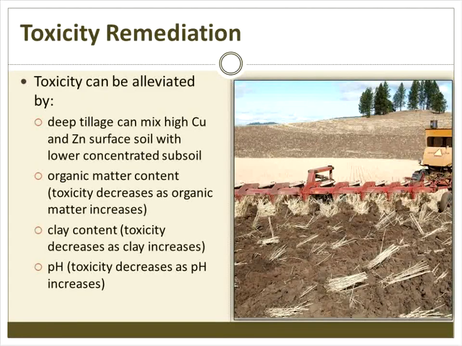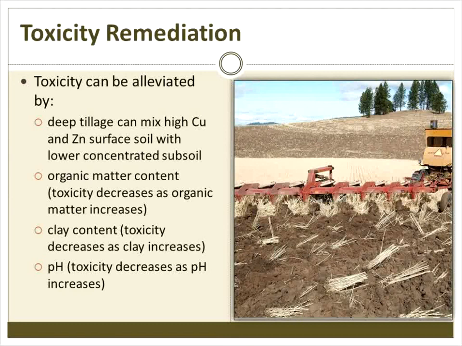Now, there are some things that can be done, and one of the things that you can do is this deep tillage. And I guess this deep tillage kind of falls into that approach of the solution to pollution is dilution. If you take a soil that you typically plow 8 inches and it has a zinc index of 400, and now you plow that soil not to 8 inches but to 16 inches, you could potentially cut that zinc index in half because you've diluted that material across a greater depth.